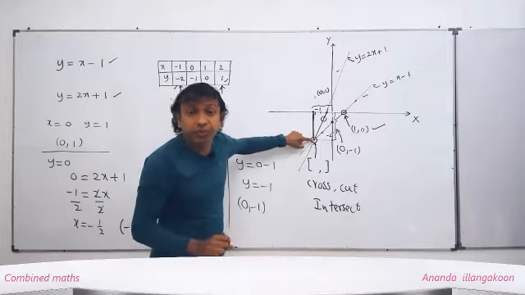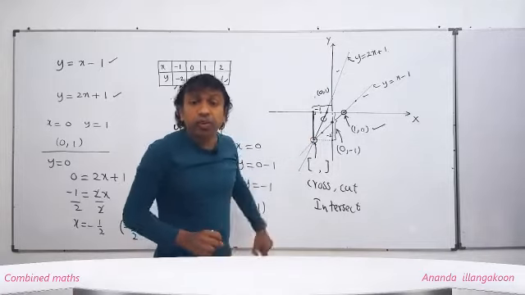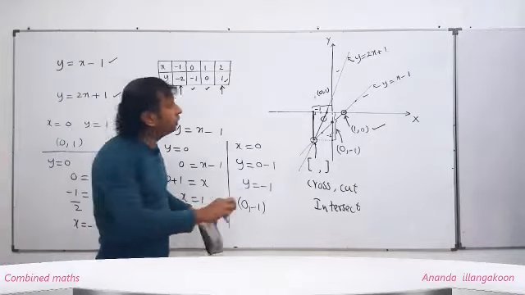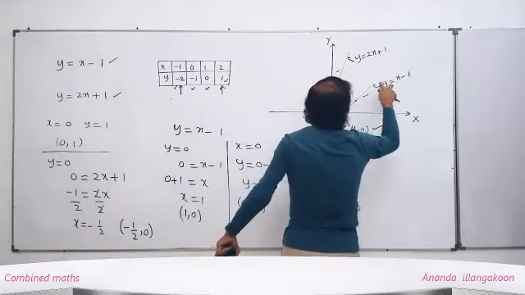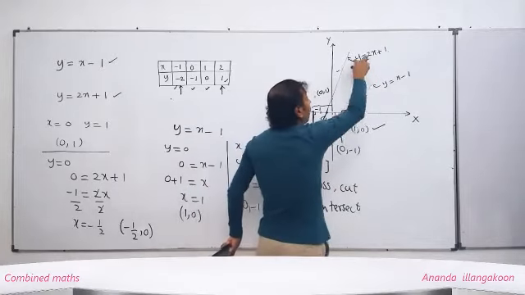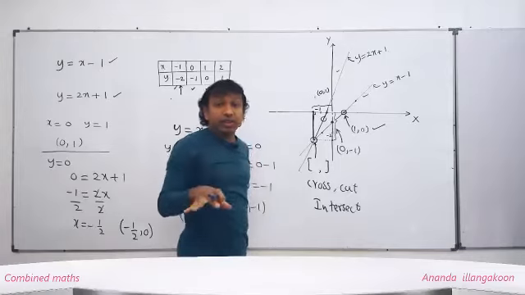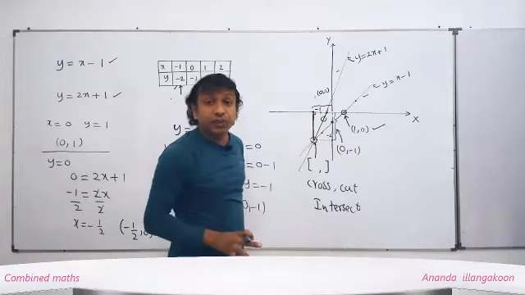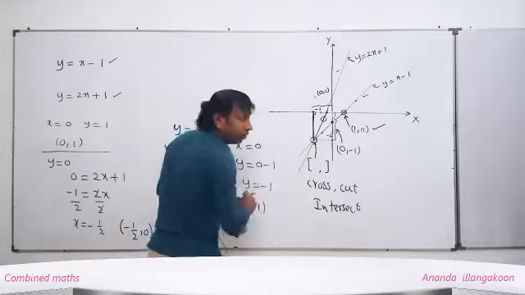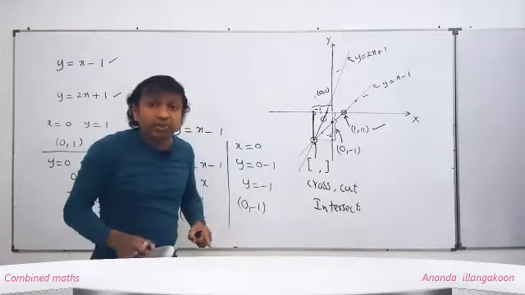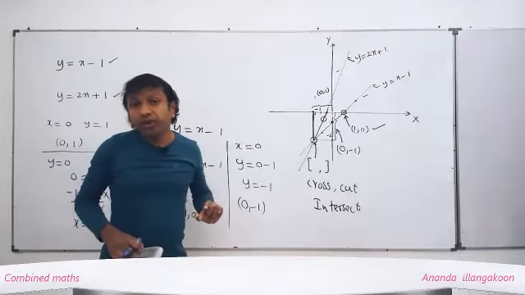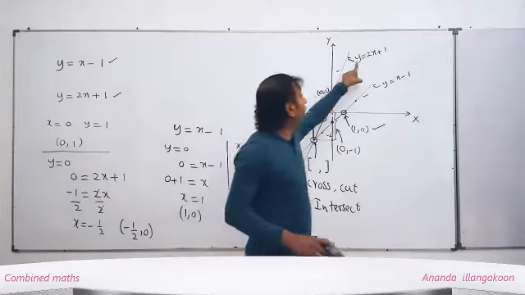Therefore, people, to find the x coordinate at this point of intersection, we equated these two equations. This y and this y become equal at this point. When the left hand sides of these two equations are equal, the right hand sides should definitely be equal. So to find the x coordinate at the point of intersection of the two lines, since at that point the y coordinates of the graphs are equal, we equated the y coordinates. These two are equal.